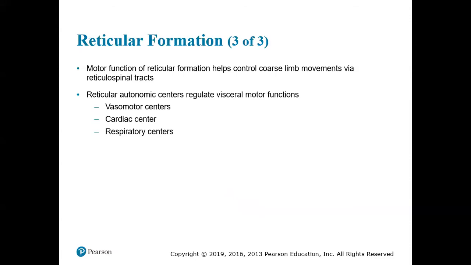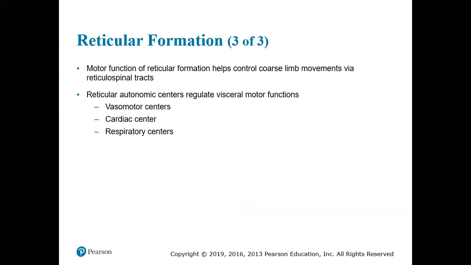So let's look into some of the functions of the reticular formation. We have motor function, which we've discussed already. Motor function of the reticular formation helps control coarse limb movements via the reticulospinal tracts.